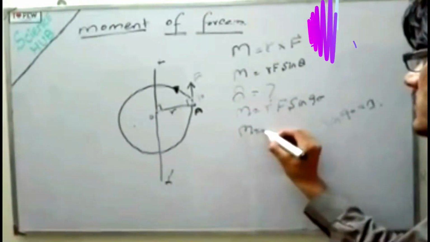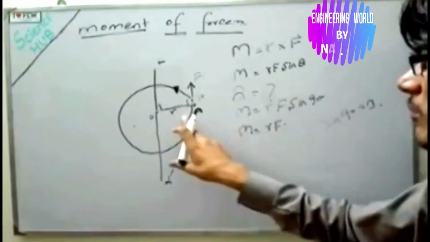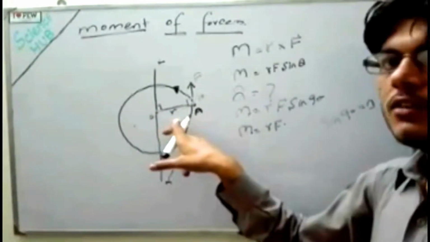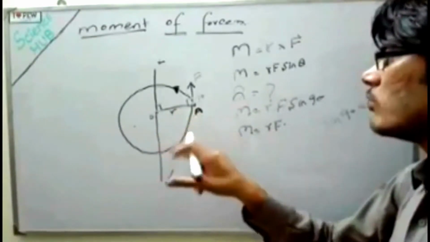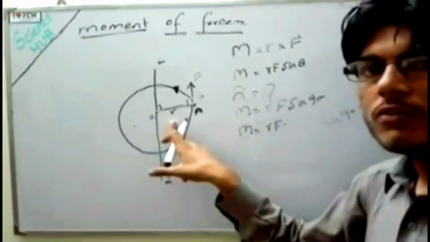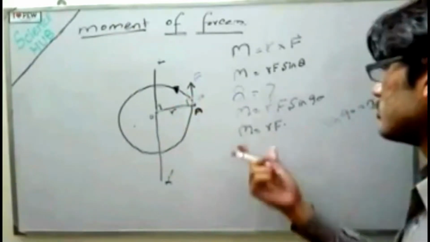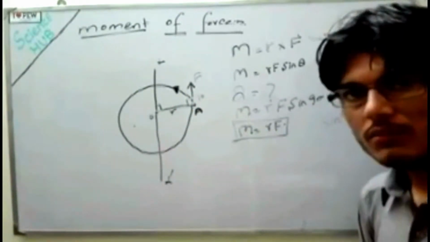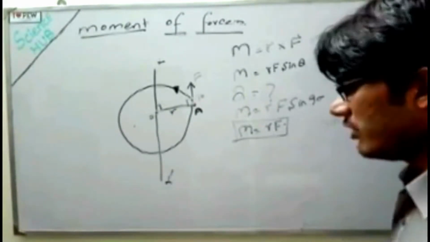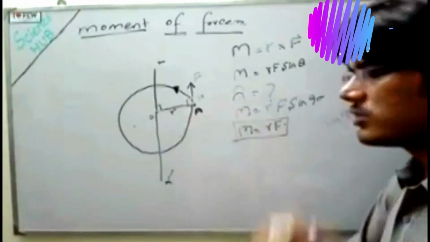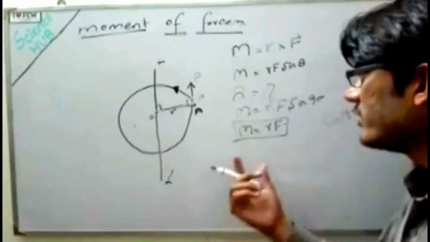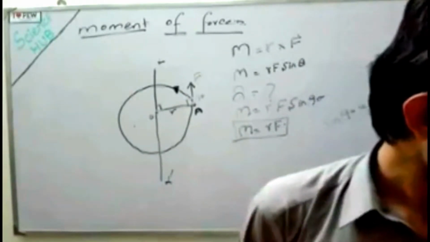So M is equal to R F. So the moment of force for this force acting at point A will be equal to the product of moment arm and the force. This equation will give us the moment of force.